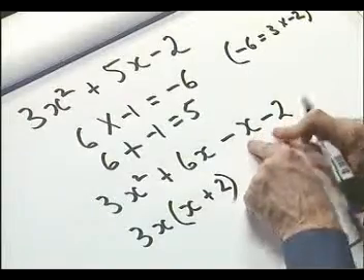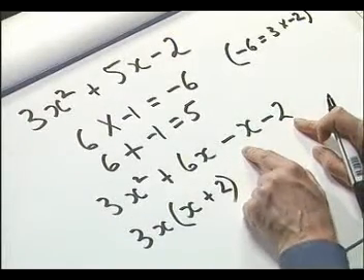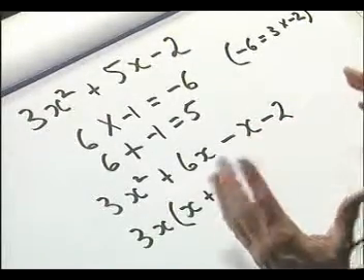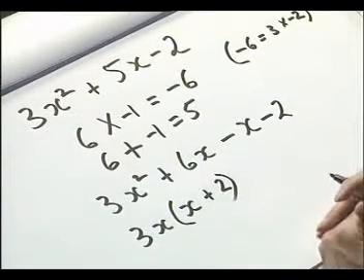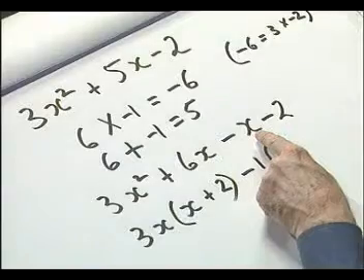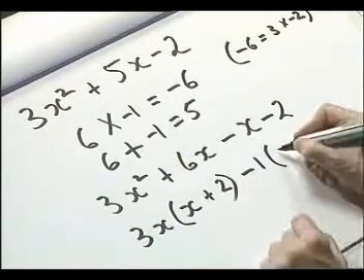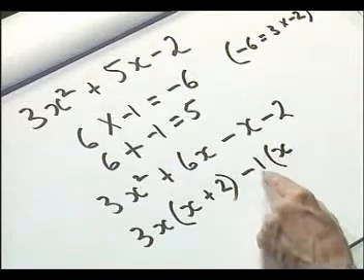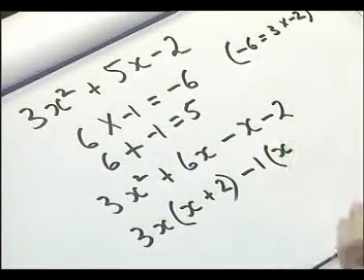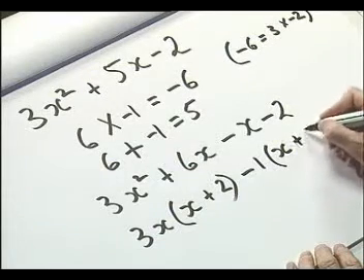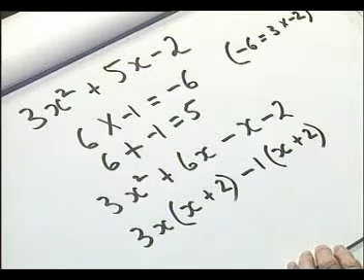And now I want a common factor for these two terms, minus x minus 2. Well, they don't seem to share anything in common, but they've got a common factor, and it's minus 1. Minus 1 times something has to give me minus x, so that must be x. And minus 1 times something has to give me minus 2. Well, that's got to be plus 2.